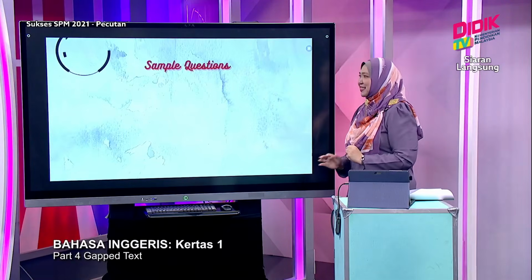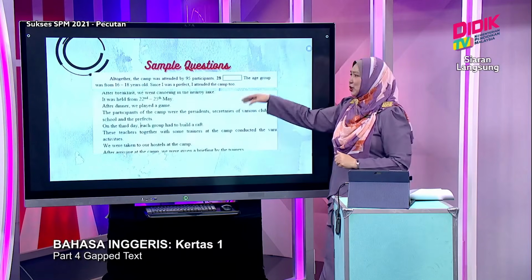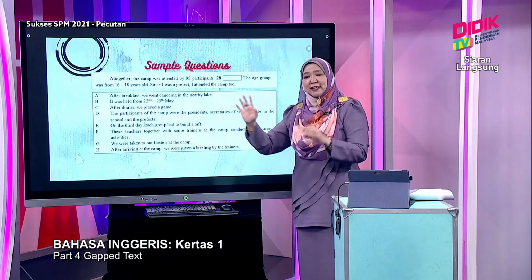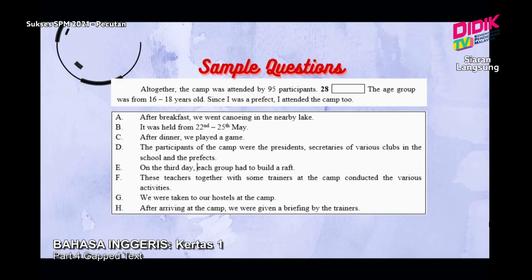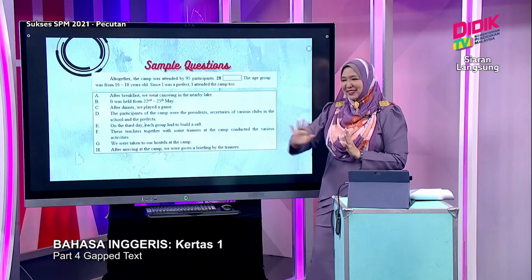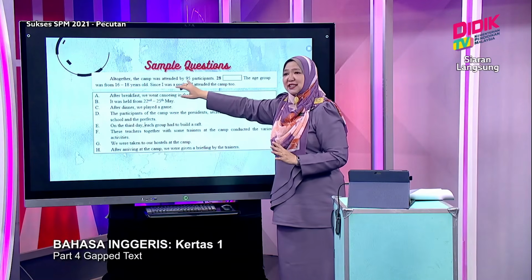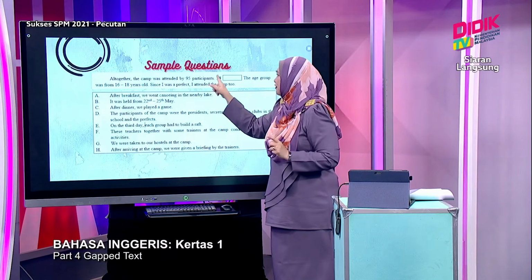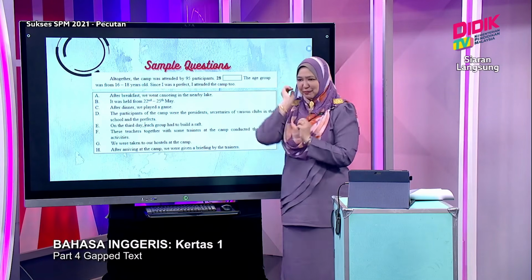Here, the second one. "Altogether, the camp was attended by 95 participants." Number 28. "The age group was from 16 to 18 years old. Since I was a prefect, I attended the camp too." So here, what is the clue that you can use? The camp was attended by 95 participants.